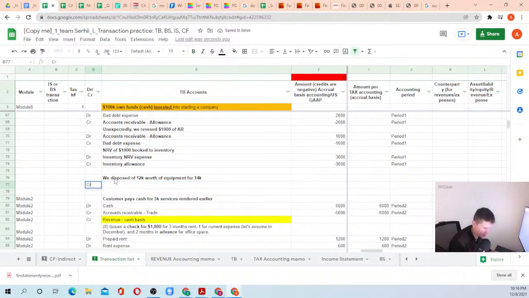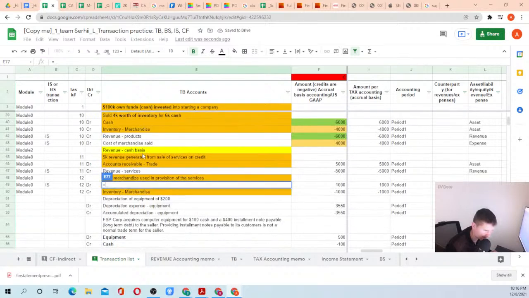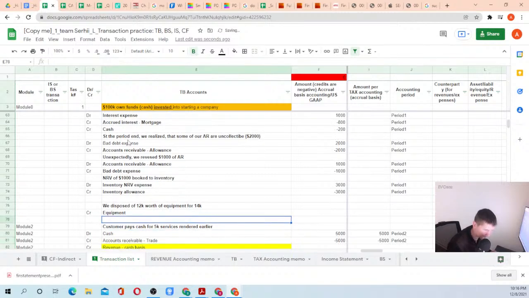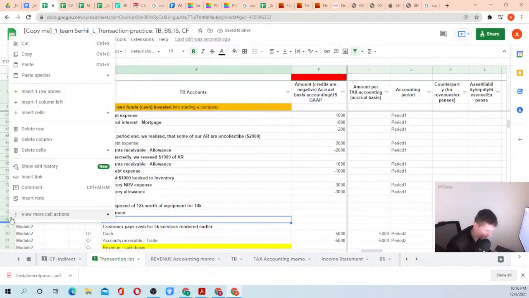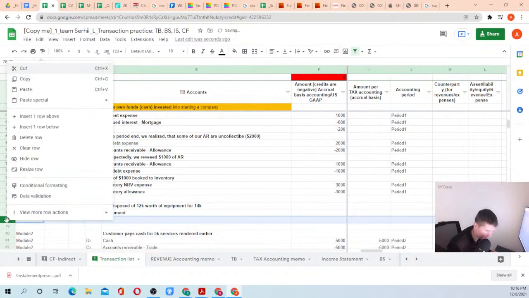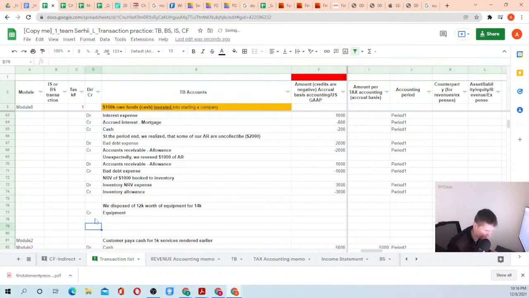So what do we do? First we credit the equipment. Then we debit cash. Let's assume it was a cash transaction. So that would be minus 12,000. Cash would be 14,000.